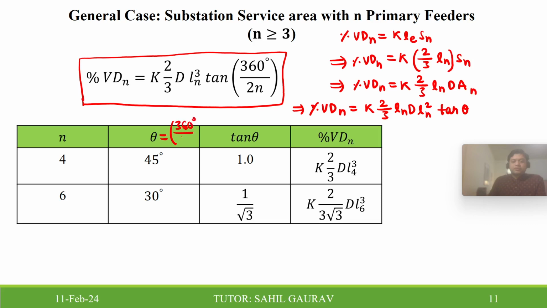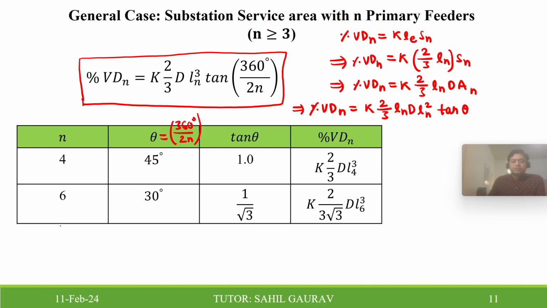So if you put n equal to 4, you will get theta equal to 45 degree, tan theta is equal to 1, and then percentage voltage drop, you will get k into 2 by third of d into L square, and for n equal to 6, you will get theta 30 degree, and tan theta we know that it is 1 divided by root 3, and put in this expression you will get percentage voltage drop in this way.